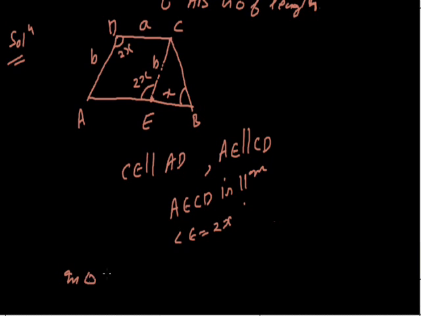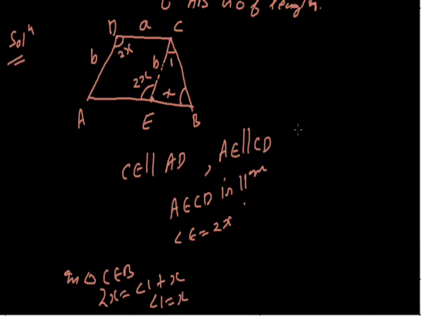Now, in triangle CEB, we know that the exterior angle is equal to the sum of the interior opposite angles. Let's say this angle is angle 1. So 2x is equal to angle 1 plus x, so definitely angle 1 is also equal to x.